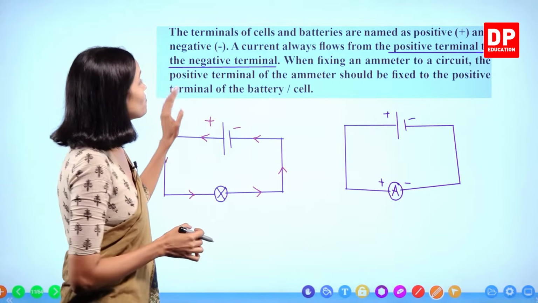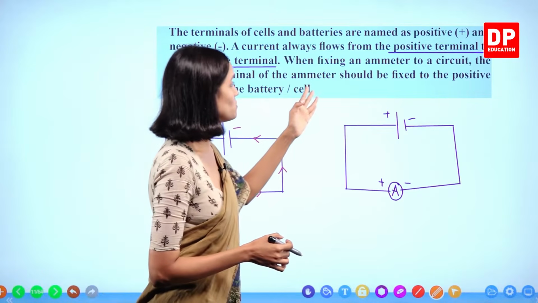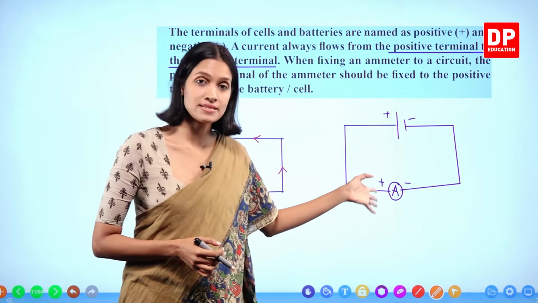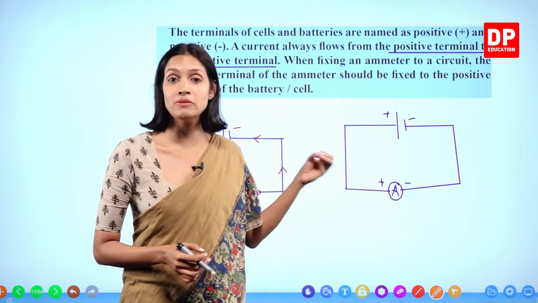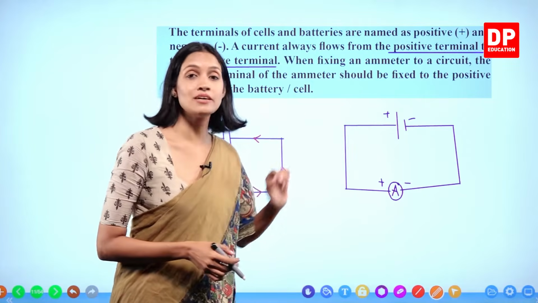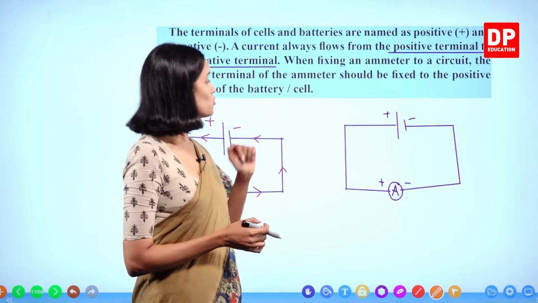Okay children? When fixing an ammeter to a circuit, the positive terminal of the ammeter should be fixed to the positive terminal of the battery or a cell. Right children? We have to be careful when we make different types of circuits. We have to be careful of these types of small information. Okay children? We'll move on to the next.